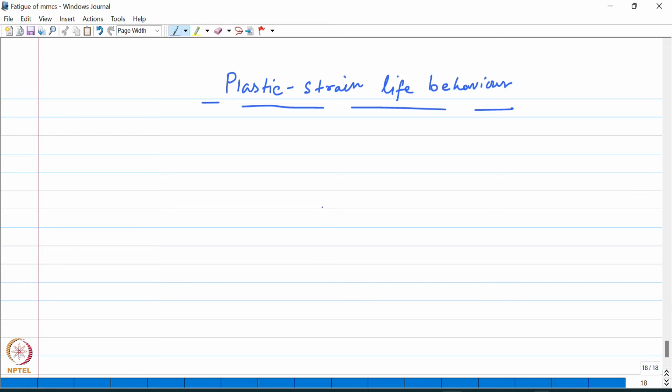Although there is not much data available for composite materials under such conditions, still we can take some examples and see how a composite material behaves in comparison to the unreinforced material under plastic strain controlled fatigue tests. Okay, so we can consider this alloy 2219 and its composite reinforced with 15% spherical TiC particles.